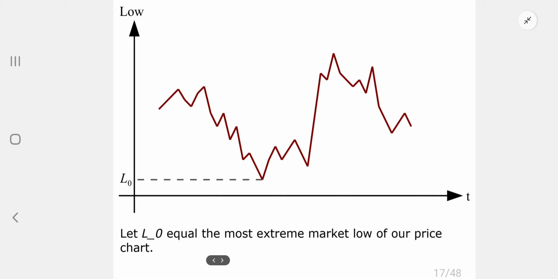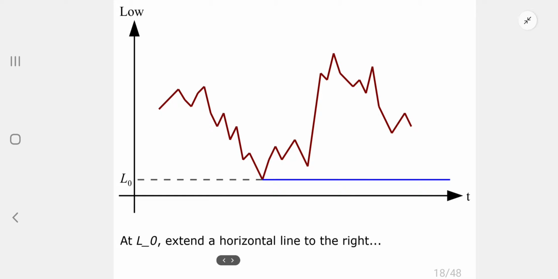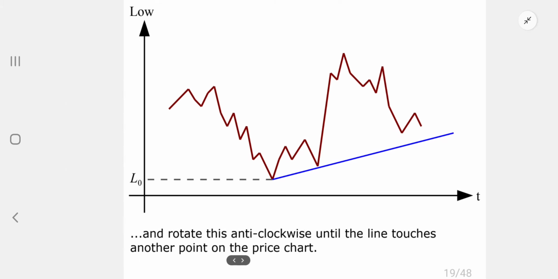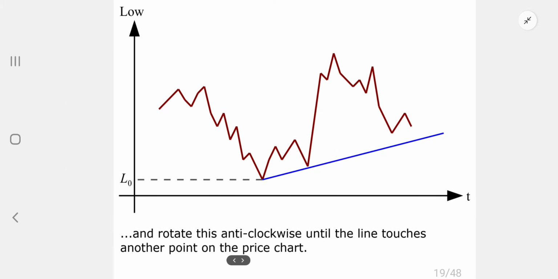Let L0 equal the most extreme market low of our price chart. At L0, extend a horizontal line to the right and rotate this anti-clockwise until the line touches another point on the price chart.